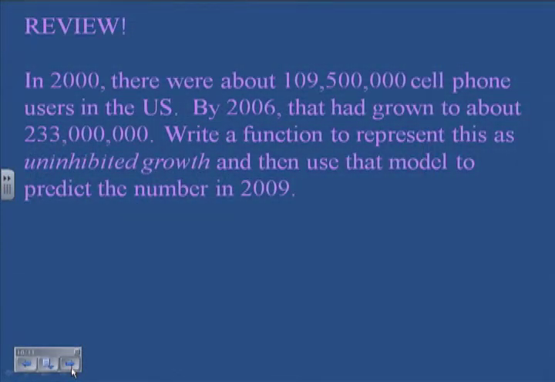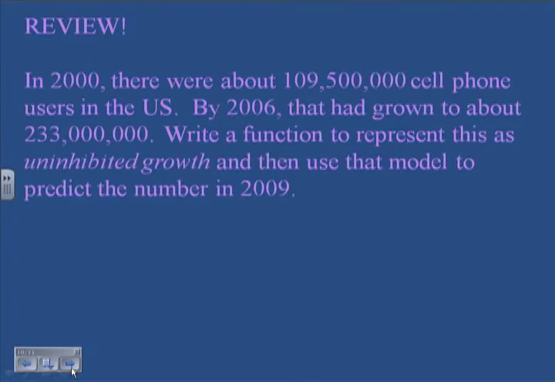Now this is really similar to the problem that I did in the previous lesson. That's why I said it's review. It's a lot like that population of Texas problem. Remember that guy? See, what I can do is decide to use the earlier time that I know some information about, this 2000, let's use that as our beginning, our 0 time, okay?